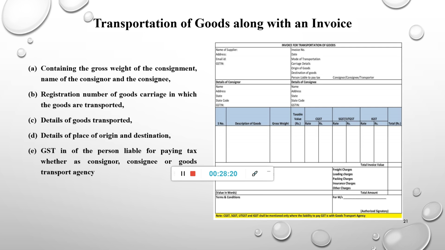Now let's discuss transportation of goods with an invoice.